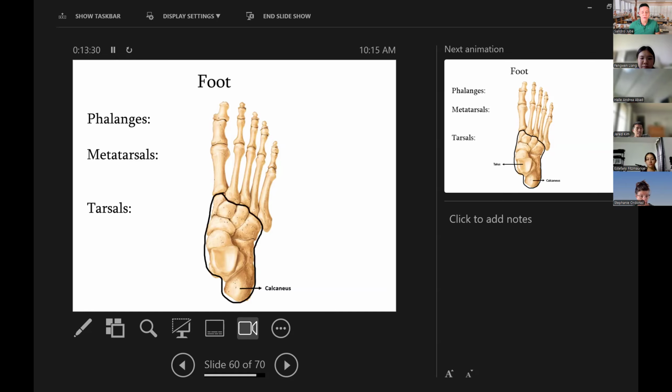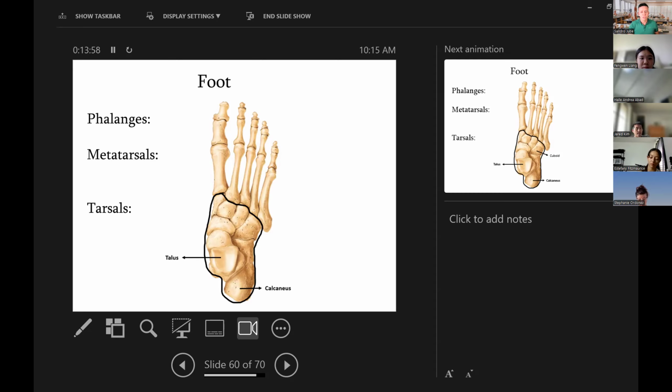And there are several tarsals. I only want you guys to know two of them. The talus, which will articulate with the malleolus of the tibia and the fibula to form the ankle joint, which is covered in articular cartilage, and the calcaneus, which is what we call our heel bone, which is the strongest bone in our foot, which is going to take a lot of the weight of our body.